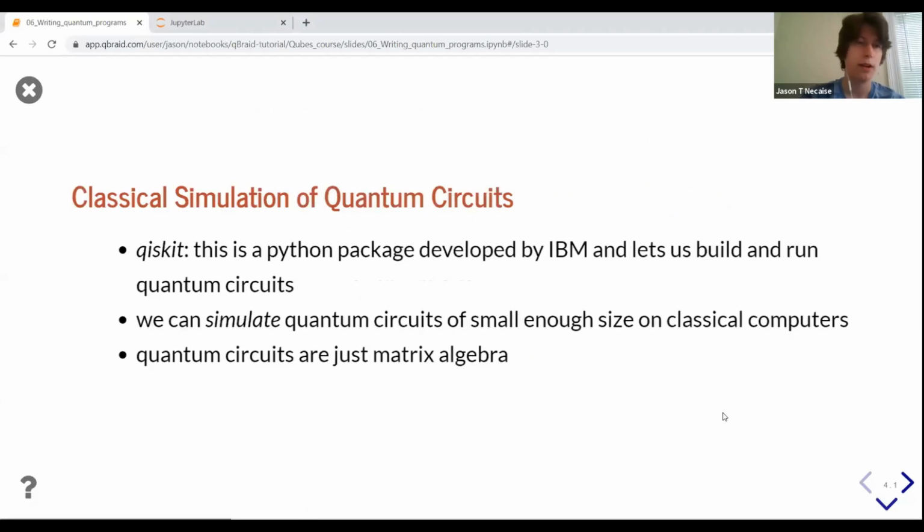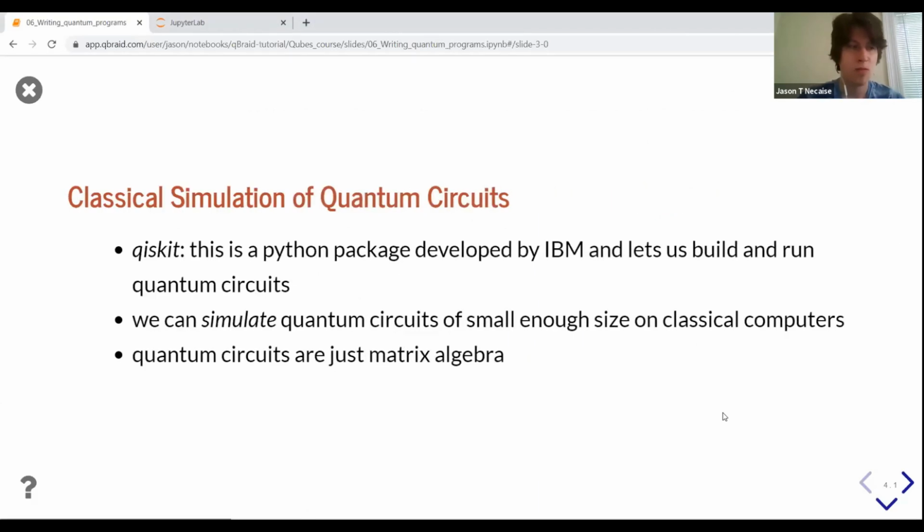Okay, so how do we actually start building these, right? Well, you could physically construct a quantum computer to do so. But that is a massive undertaking, and we're all working very hard to do that. So instead, we can simulate a quantum circuit using our regular classical machines.